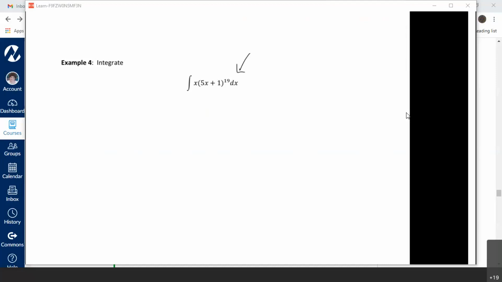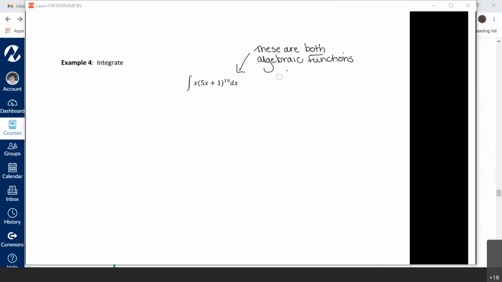So these are both algebraic functions. And you should be looking at this 5x plus 1 and saying, if I differentiate this, I'm just going to get a 5. So what do I do with the extra x?